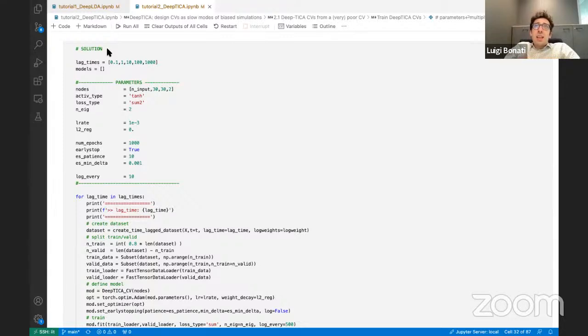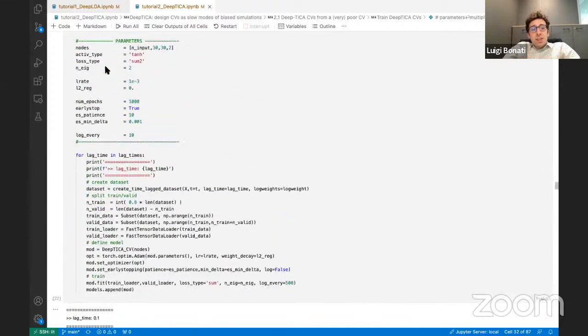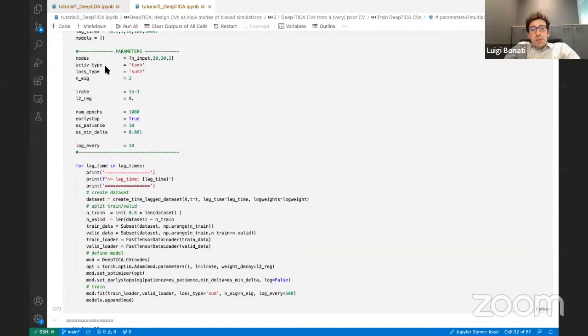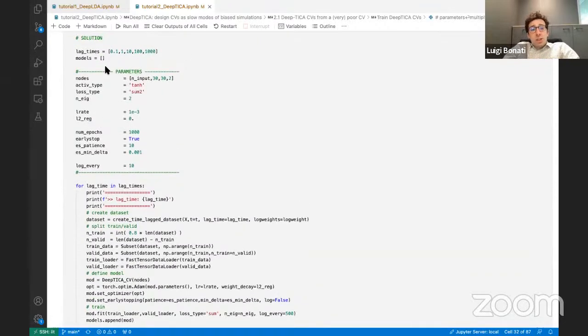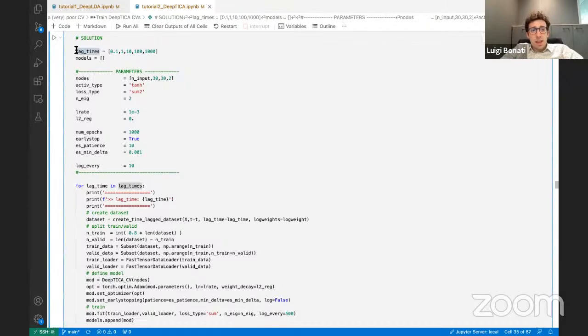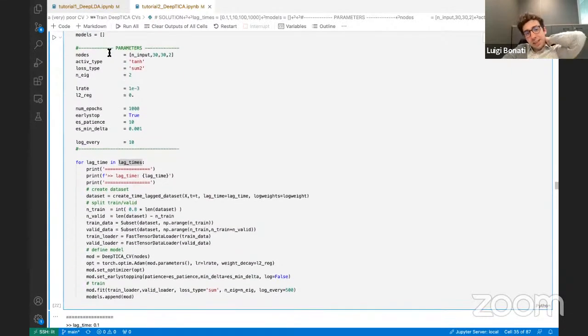We need to choose a lag time such that the eigenvalues that we want to recover from the simulation have not decayed to zero, so we don't want to use too large lag times, and we want to avoid degeneracy, which could occur in the limit of too small lag times.